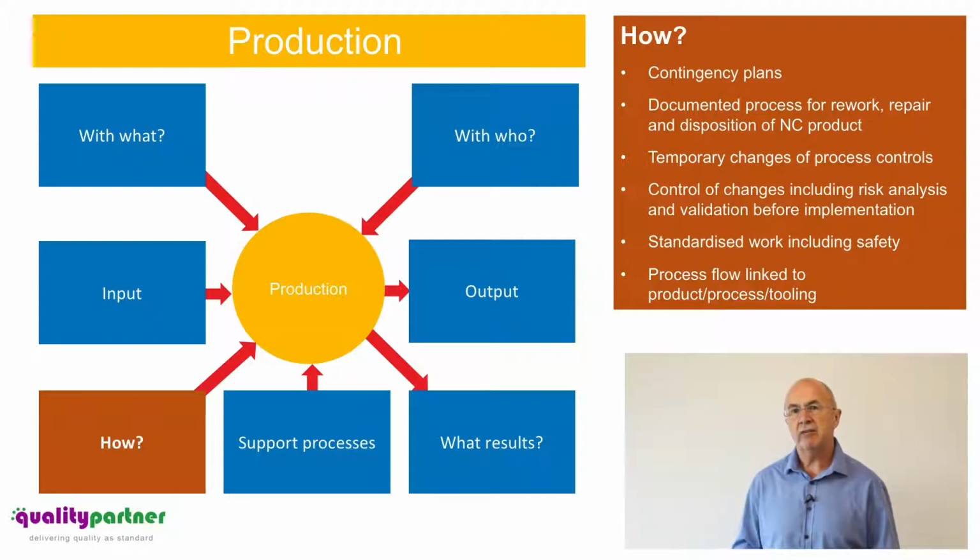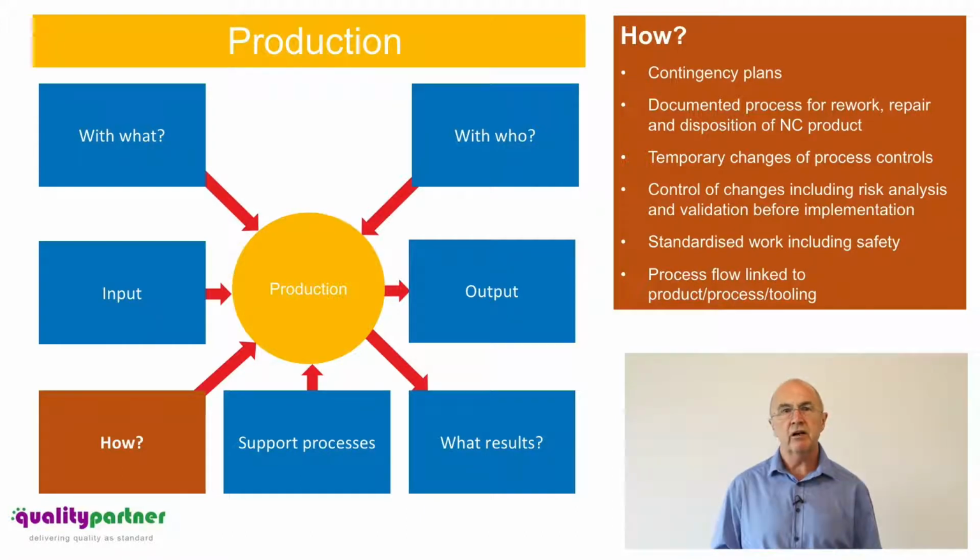The next big change is about temporary changes of process control. So we will have all our defined controls within our control plan. But there may be events or breakdowns that mean that we cannot use that standard method of process control, and we need to deviate to an alternative process control.